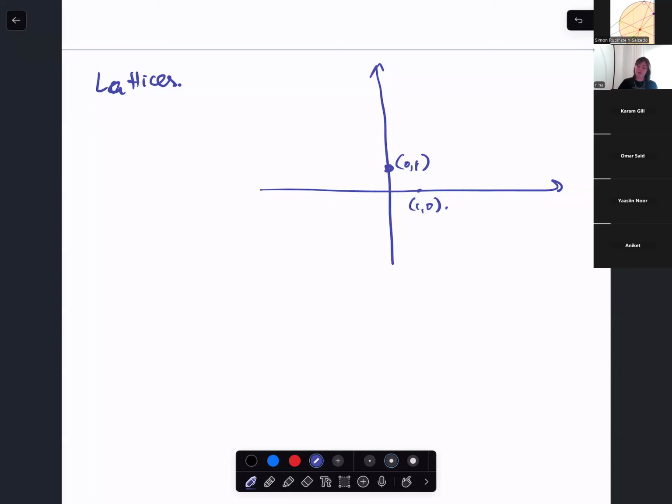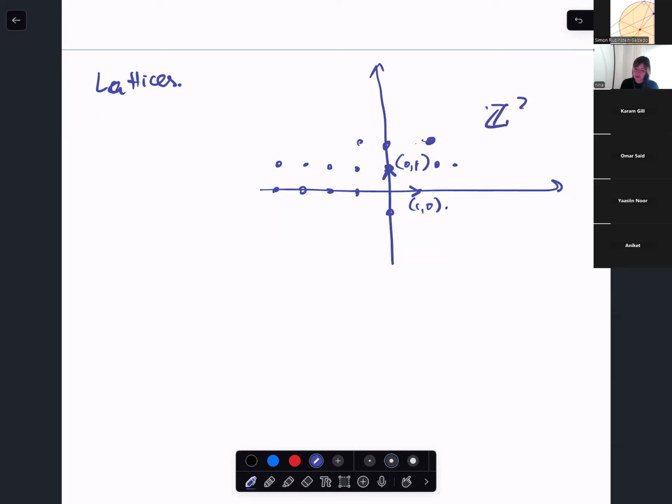And you take all of their linear combinations. So for these particular vectors, you would get a kind of grid. I'm not going to be able to draw the entire grid, but it's an infinite grid that goes in all directions, where you take these 2 points or 2 vectors and you just combine them in all possible ways. So this would be something called Z^2, Z squared.